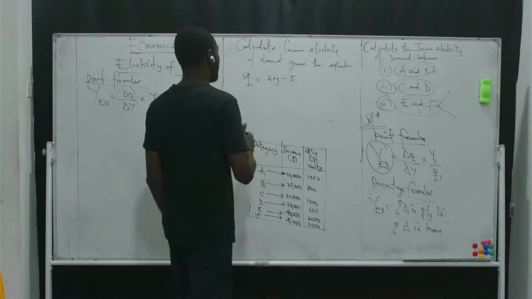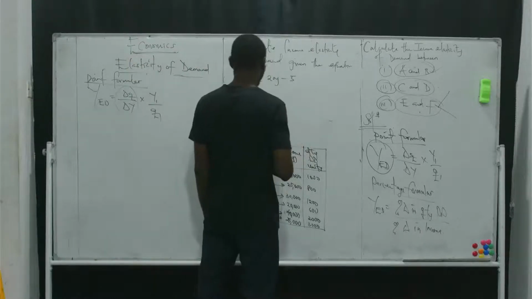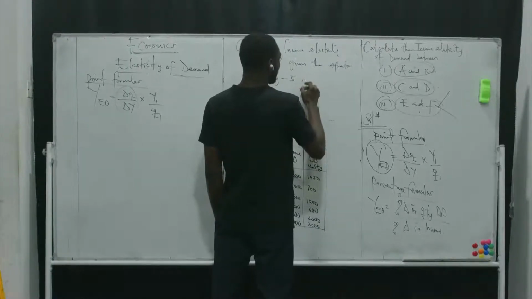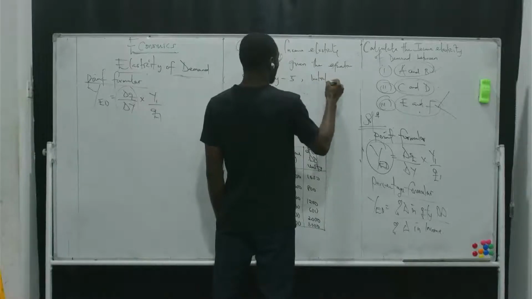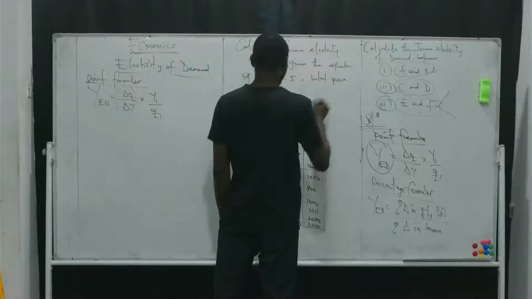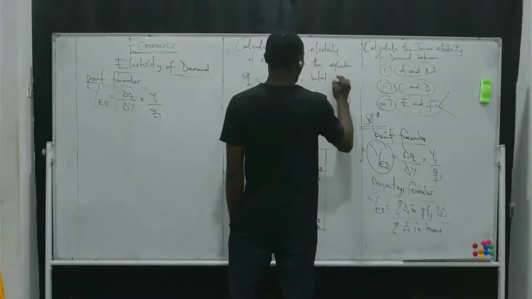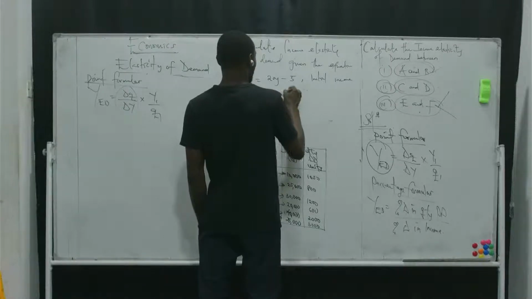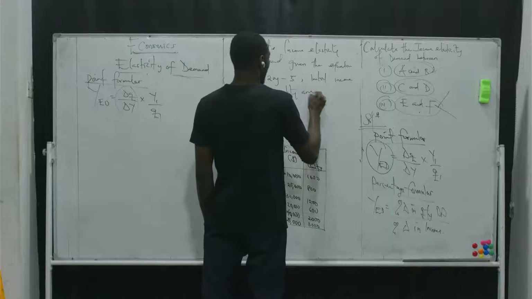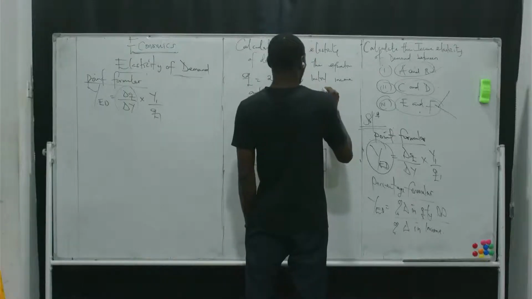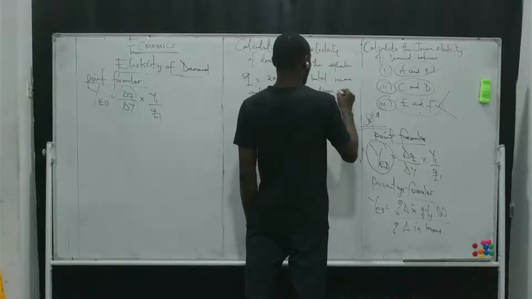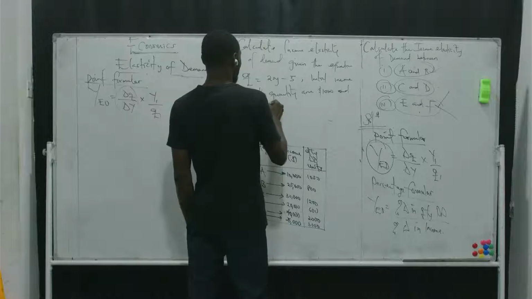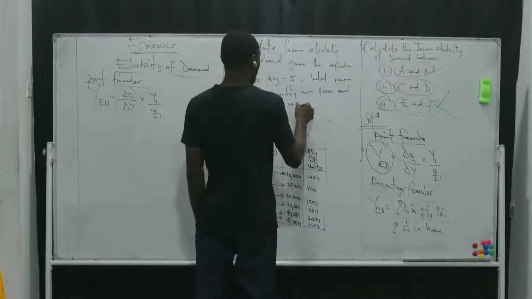Initial income and quantity are $1,000 and 100 units respectively.